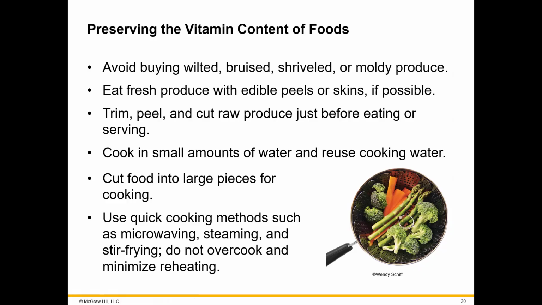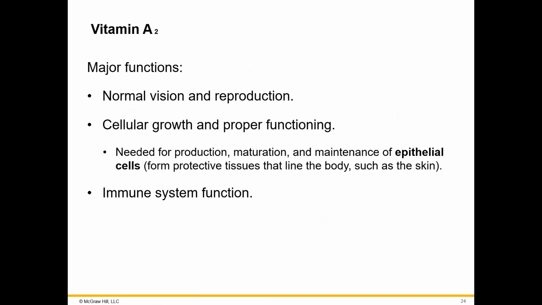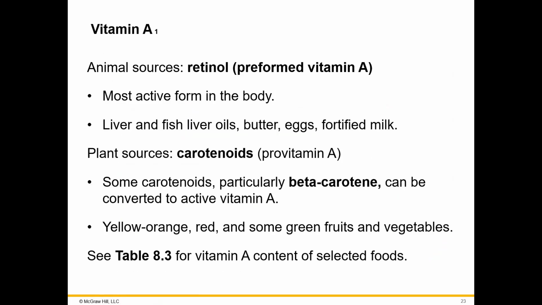I wanted to focus now on the fat soluble vitamins. We'll cover vitamins A, D, E, and K here in part one, and then we'll do the water soluble vitamins in part two. So let's cover vitamin A first. It comes in two different forms.